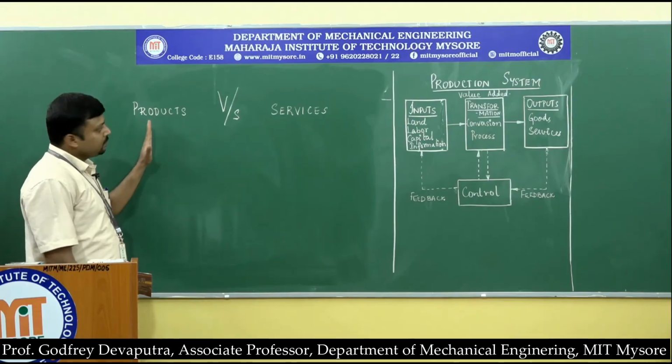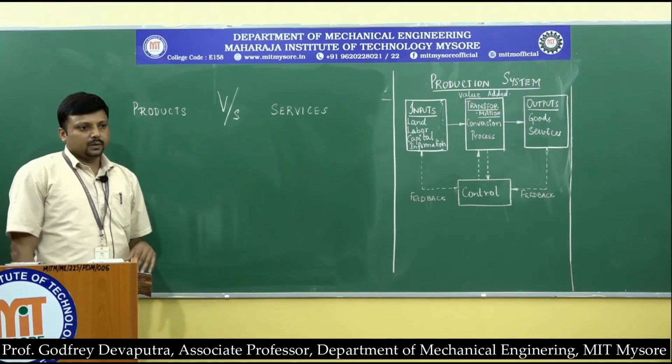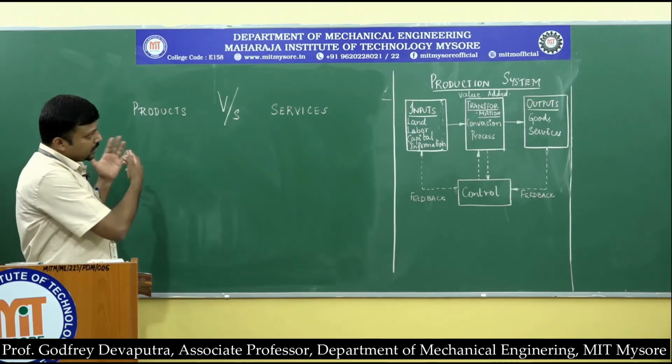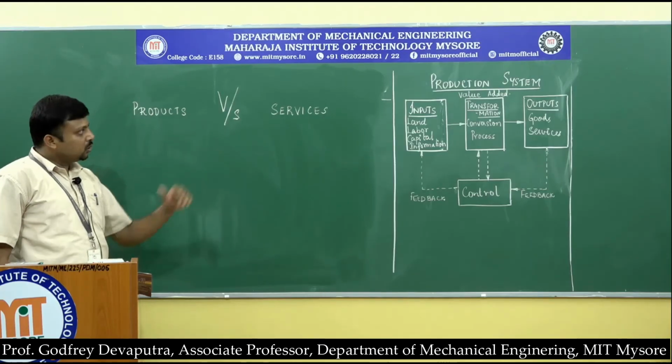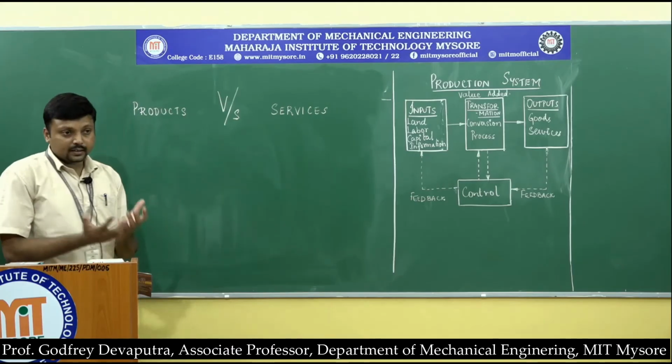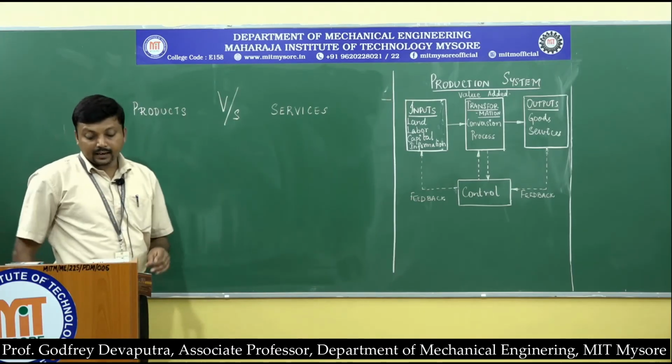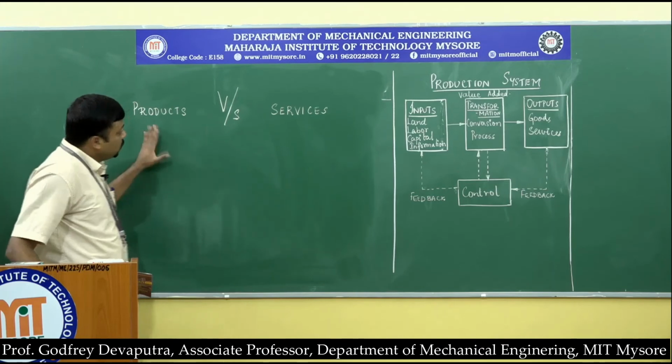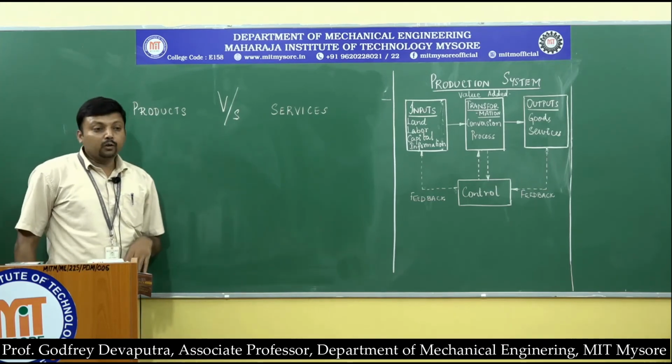For example, something which is tangible is a good. On the other hand, services are not tangible. Since the product can be held in a hand, its output can be measured.